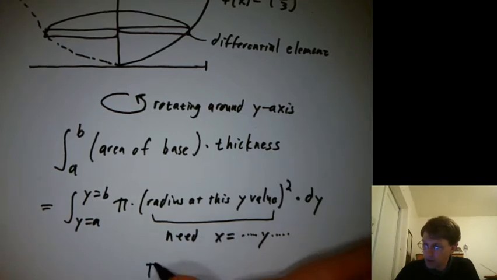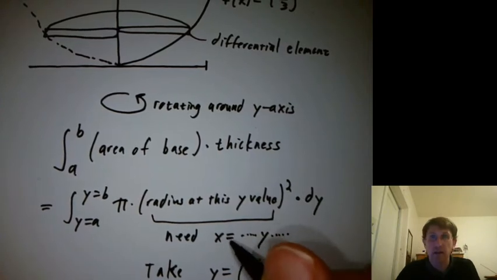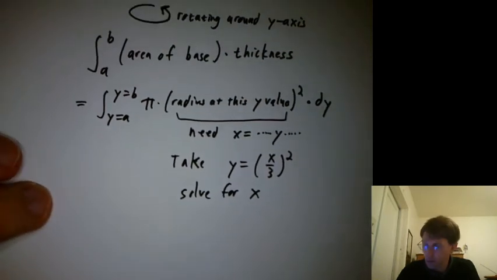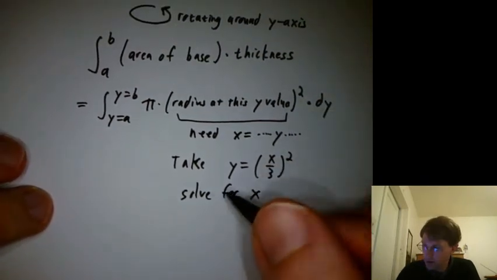So I'm going to take y equals (x/3) squared and solve for x, because I say I need x equals something. So how would you solve this for x? Square root on both sides.